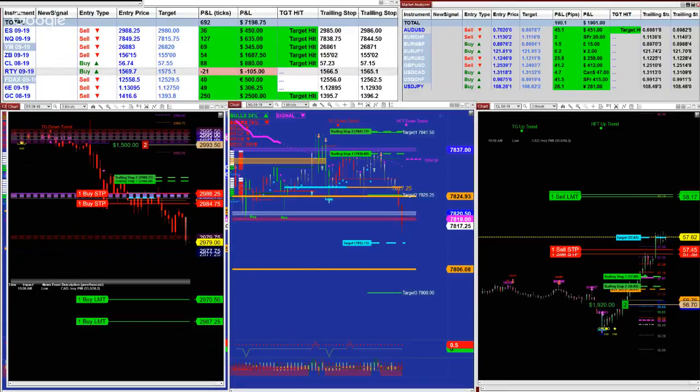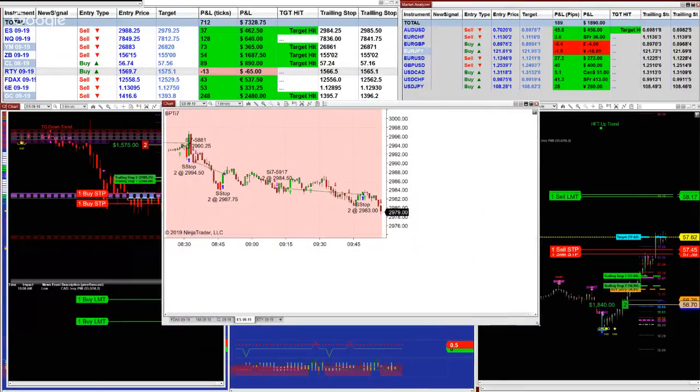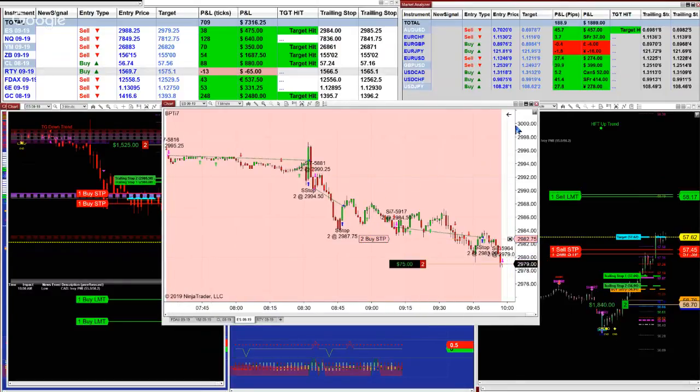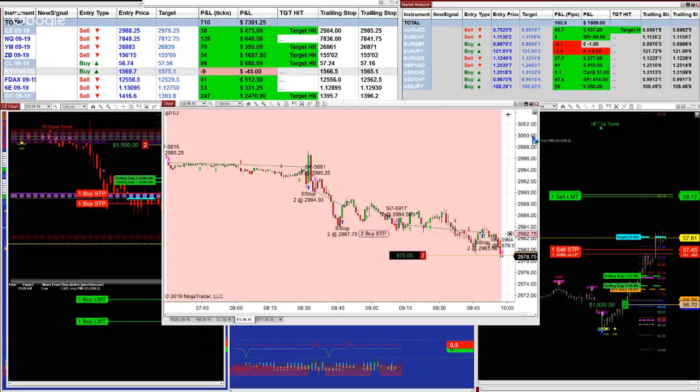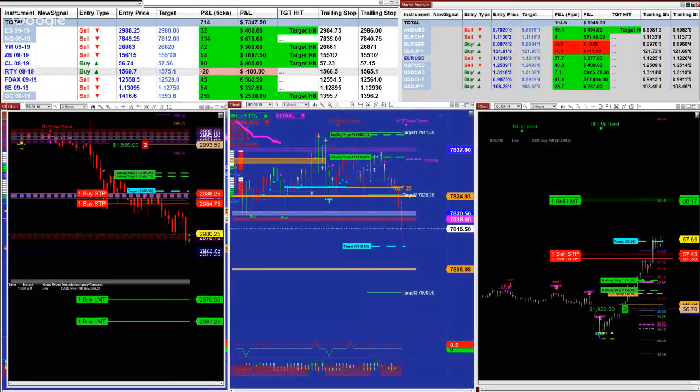And this is the T7, a new version, and it just took a trade. Okay, so all based on a market order. It's not based on a limit order.